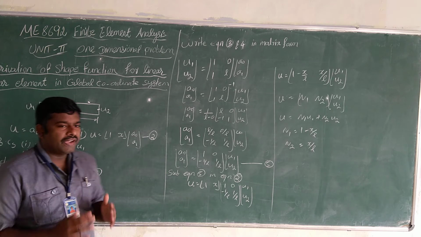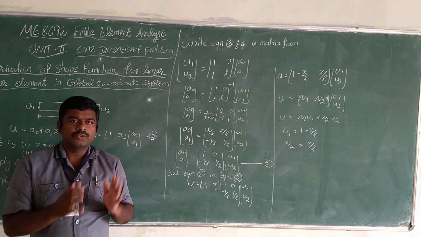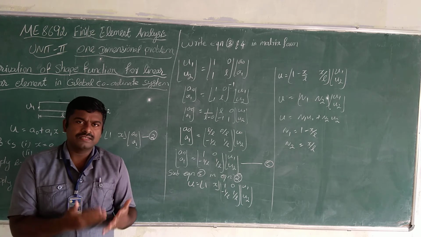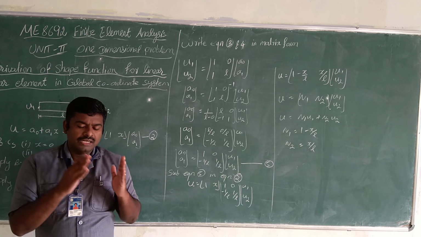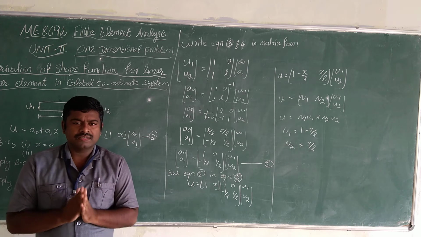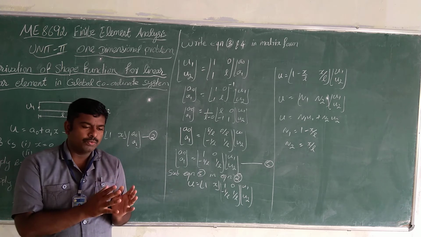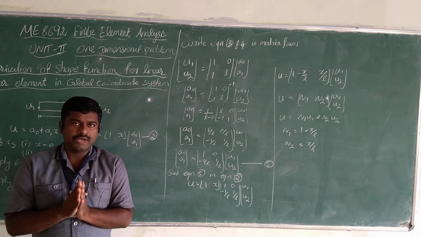So you know finite element analysis means the entire structure is discretized into smaller elements and the analysis is carried out, then that analysis is known as finite element analysis. In finite element analysis, the input is given only at the nodal points and the output is received only at the nodal points.